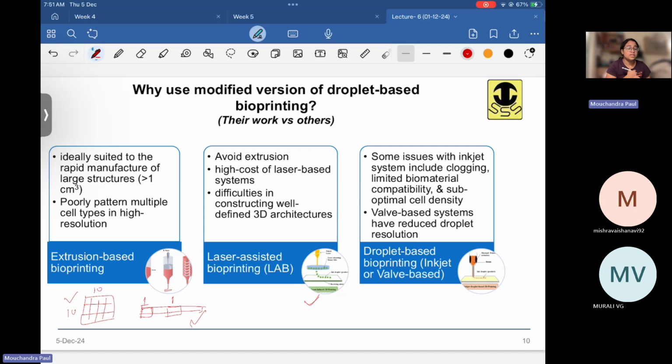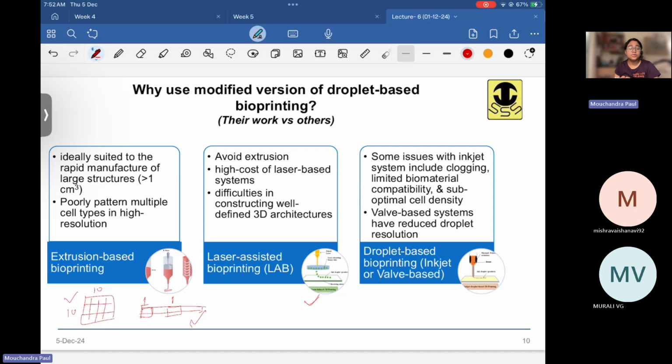It has been used mainly to pattern cells in 2D, but to make 3D structures, it is a bit more difficult, all right? I'm not saying that it hasn't been attempted, it has been attempted, but it's slightly more difficult. Okay.